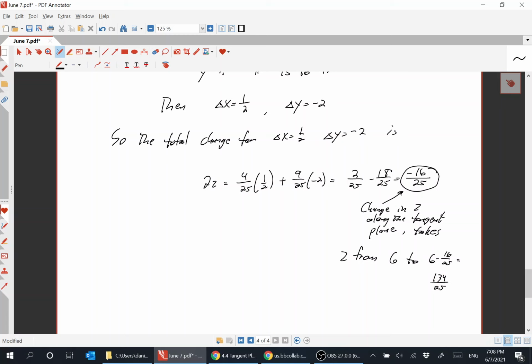Now, what is the actual change in z? What is the actual change in z? Okay, so let me draw a picture for you what we're doing here.